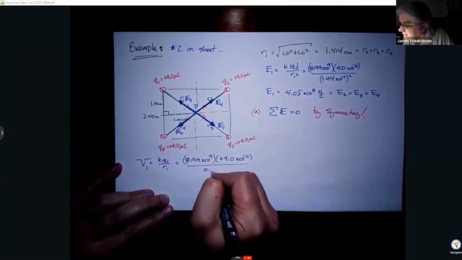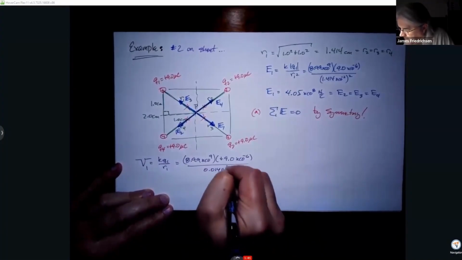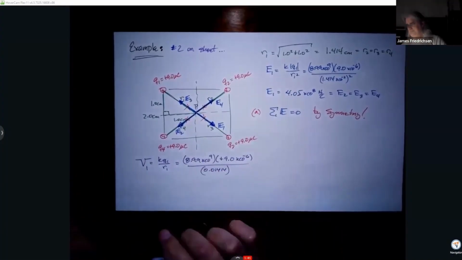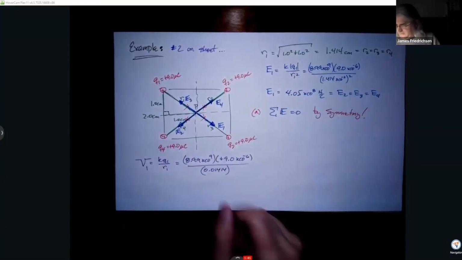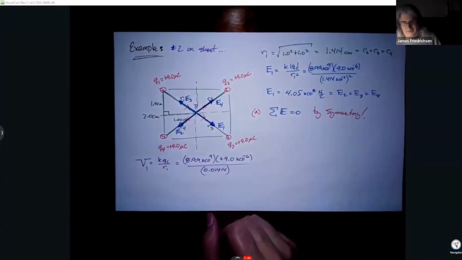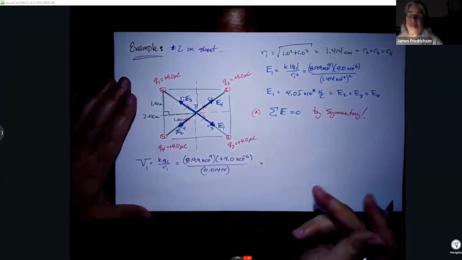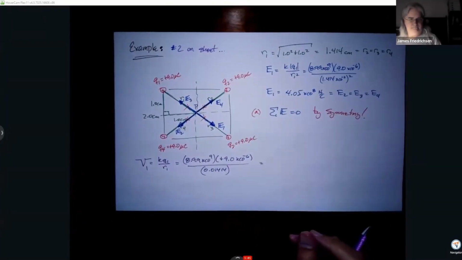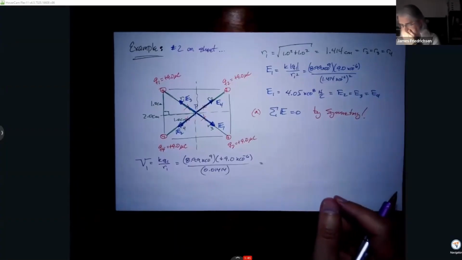And then this is going to be our 0.01414. Don't square it. I moved it into meters. Don't square it. And so what do we get for the value for V1? Really it's this calculation here, but without the square.